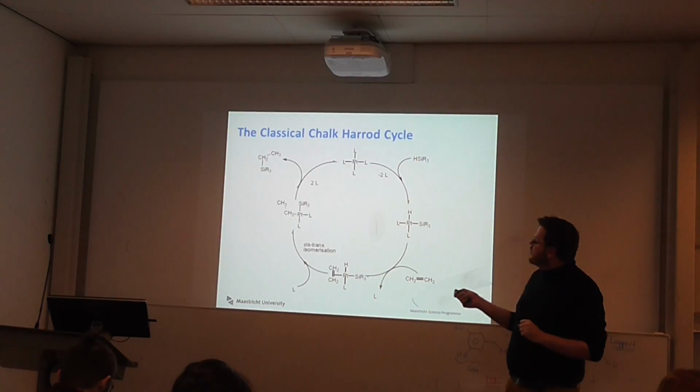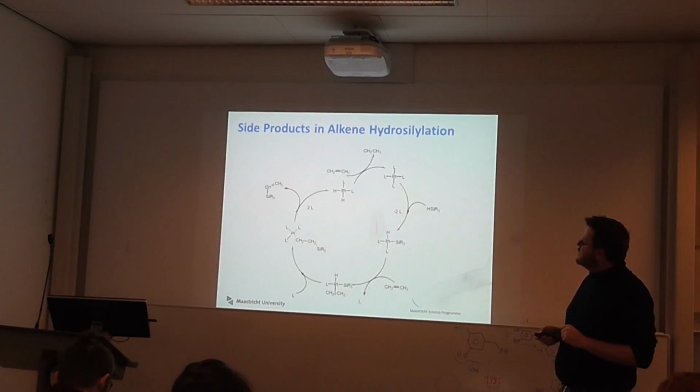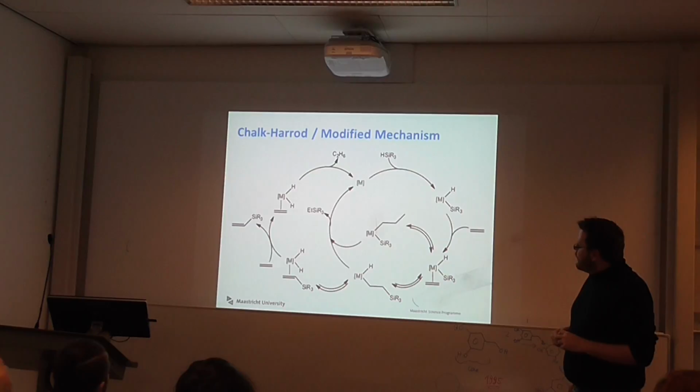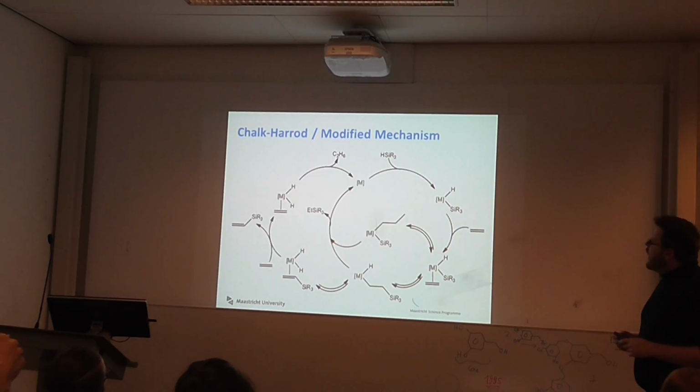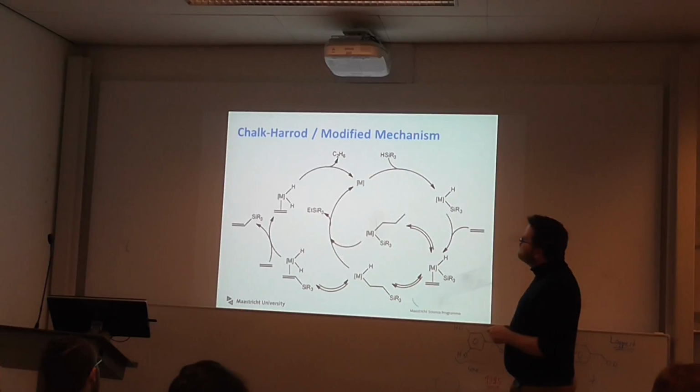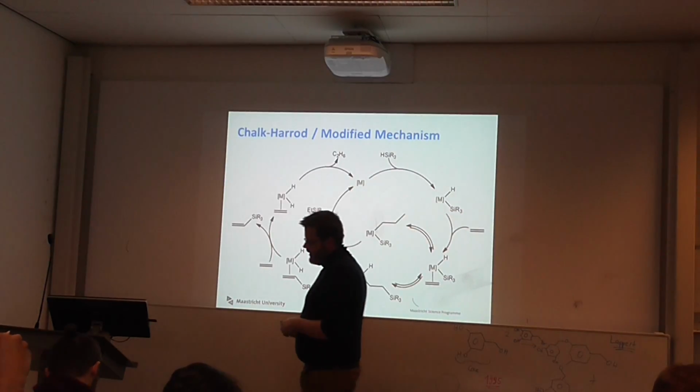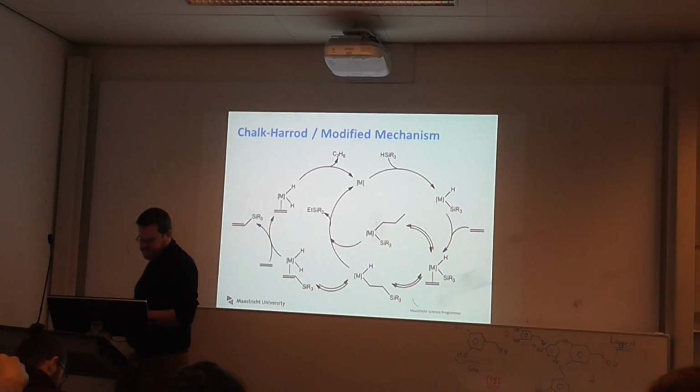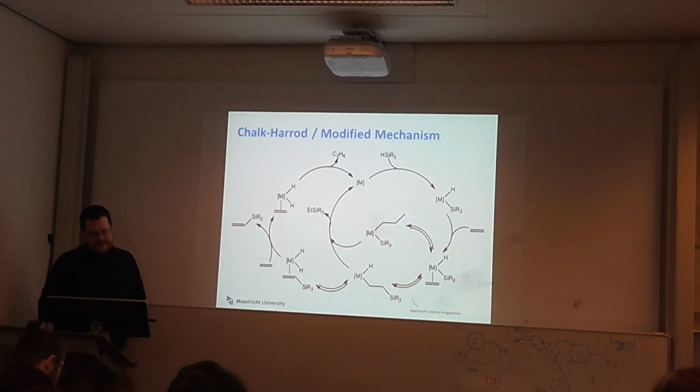But this is the desired product, right? The hydrosilylated alkene. Now, concerning the Chalk-Harrod mechanism, which we've just looked at, which is basically what I've represented here, we have a so-called modified Chalk-Harrod mechanism, all right? And I think basically one can look over this.